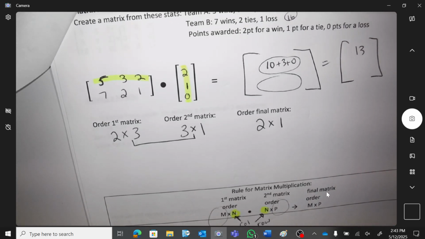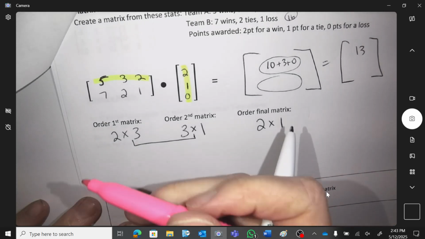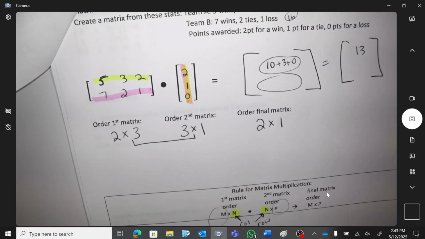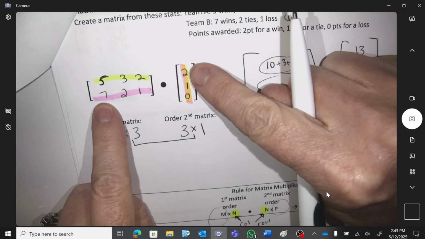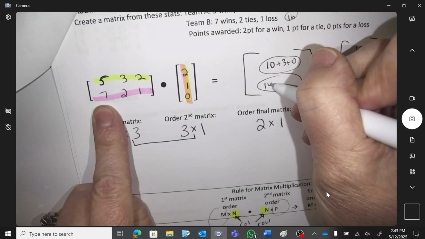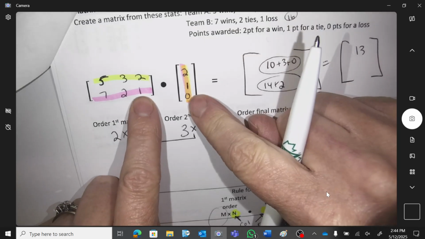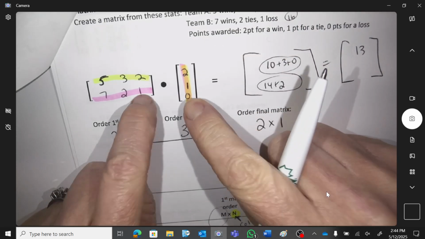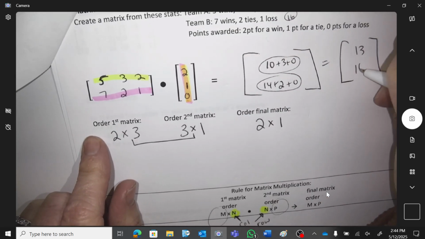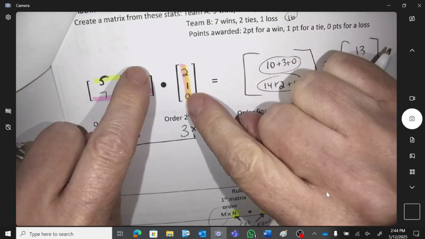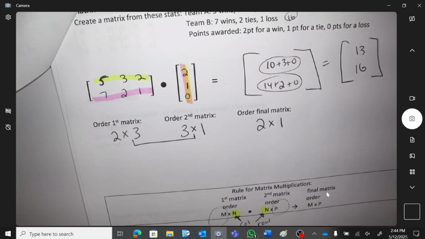Now we're going to repeat. We're going to take the second row times the first column. Here we go. 7 times 2. 14. Plus 2 times 1. 2 plus 1 times 0. Did you see how my fingers go boom, boom, boom, they have to connect, and they should always match like that.